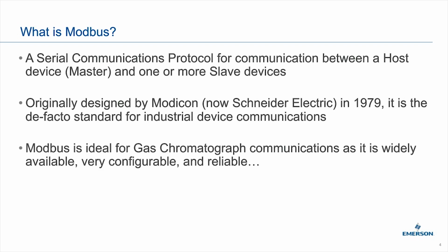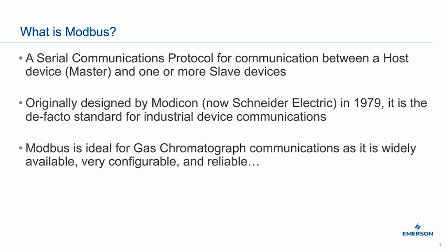So a host will go out and ask for information from a slave device, and the slave device will answer with the information that was requested. And in our situation, typically the master will be a flow computer, an RTU, a control system, DCS or PLC or SCADA system, and the slave device will be the gas chromatograph.